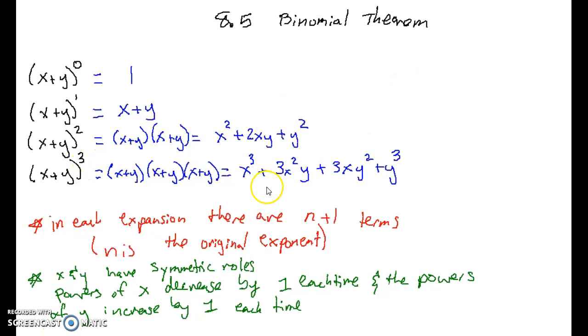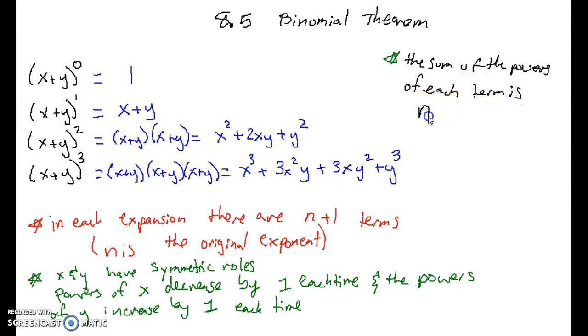So I'm running out of room right here, so I'm going to write that last one over here. And I'm going to write it in black. So the sum of the powers of each term is n.